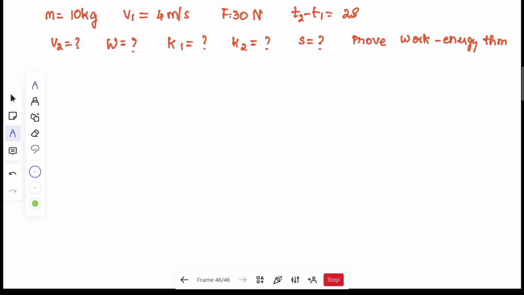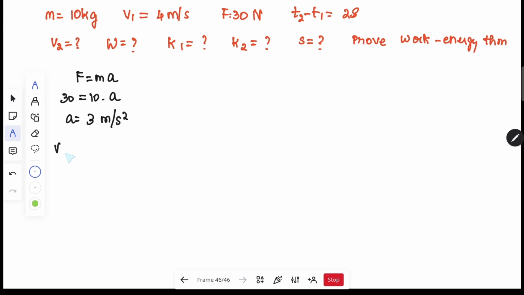So let us find first the final speed of the body after 2 seconds. We know F is equal to ma. Force is 30 Newton, mass is 10. We need to find acceleration. So acceleration is equal to 3 meter per second square.